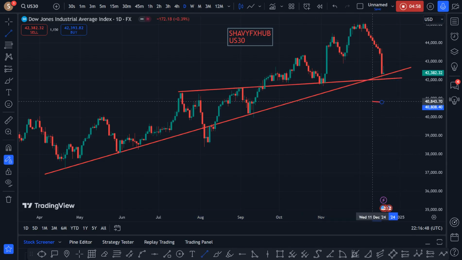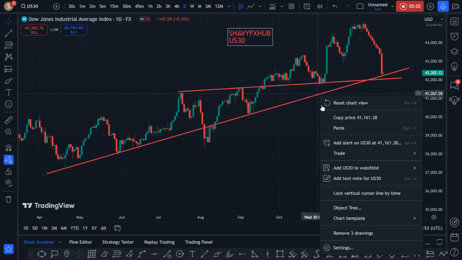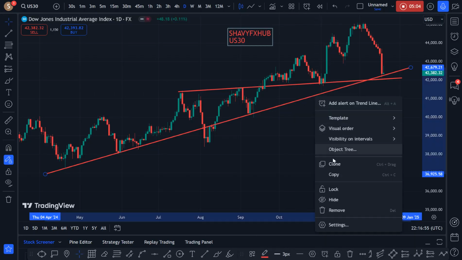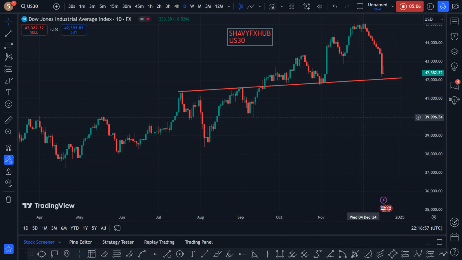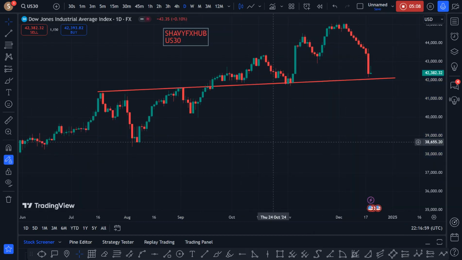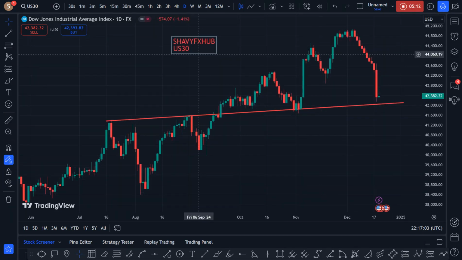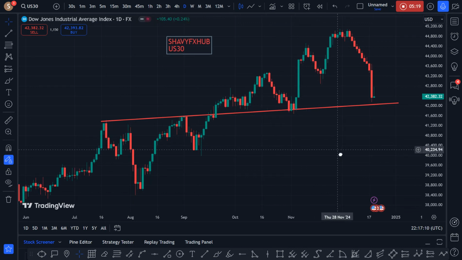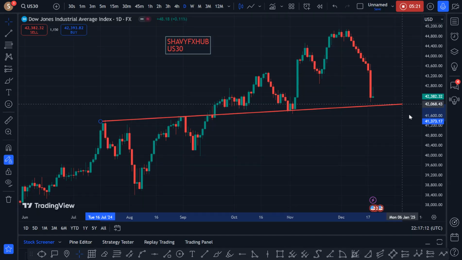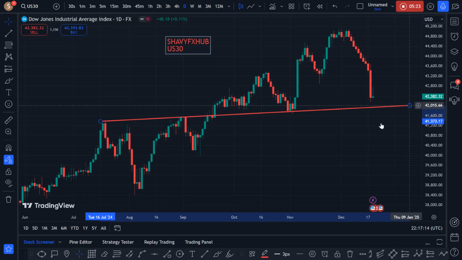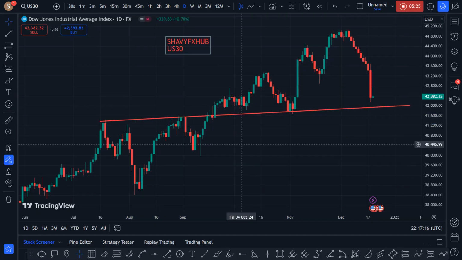So I think let's go with this for price to return at the current supply roof. I want to see this happen. This looks more reasonable.